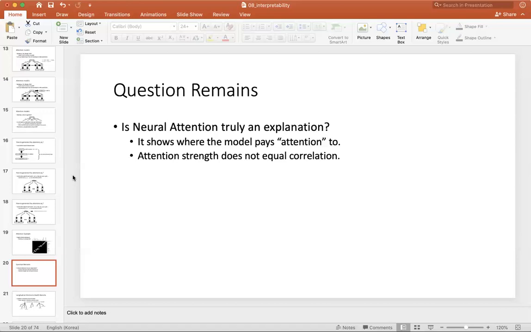So there are a couple of very interesting papers from EMNLP, I think last year and the year before that. I think the title was "Attention is Not an Explanation." The authors try to, well, you can say it's kind of an attack on the whole attention thing.